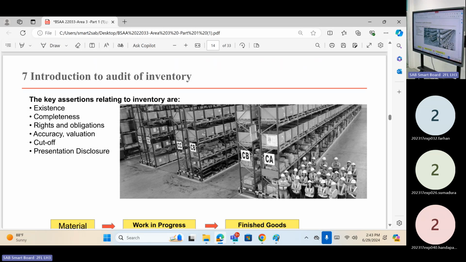What are the types of companies with no significant inventory balance? Banks, insurance companies, leasing companies, they don't have a material inventory balance. Material in size, right?